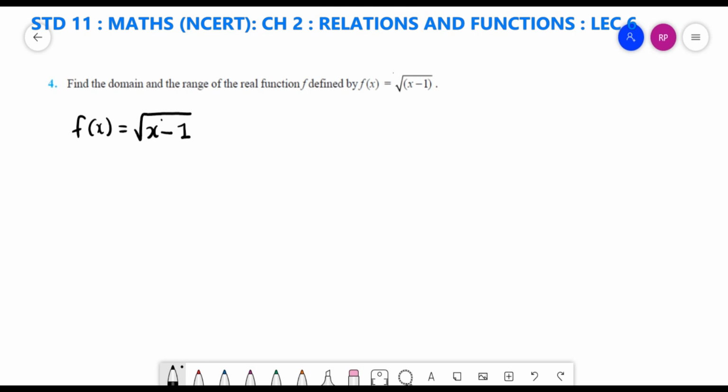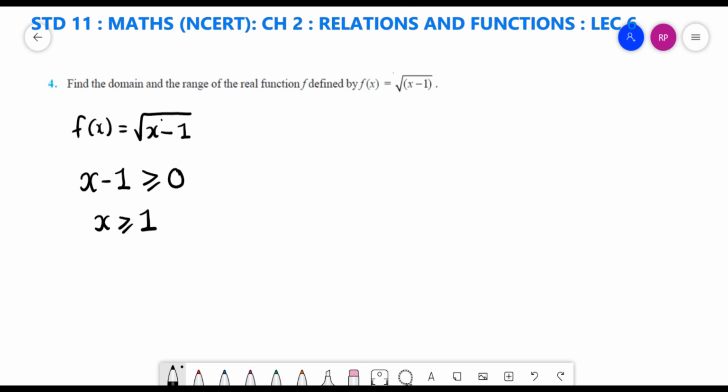Now see, domain, which value of x can we take? Remember, square root of a negative number is not possible. So that means x minus 1 must always be greater than or equal to 0. So this means that x must be greater than or equal to 1.